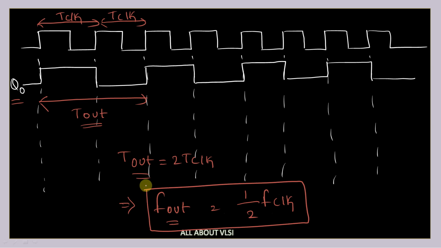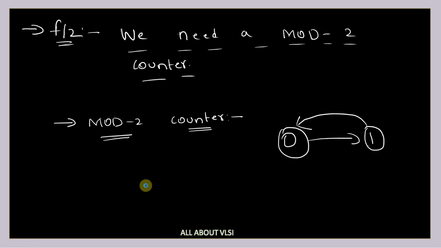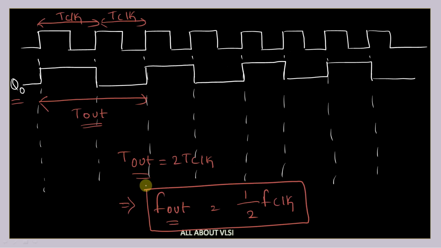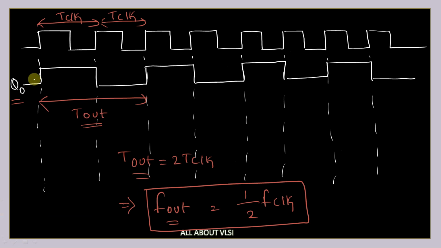So if you want to perform frequency division by 2, you can simply use a mod 2 counter. And if you want to perform a frequency division by 4, what mod counter can you use? You can use a mod 4 counter. And if you want to perform a frequency division by 8, you can use a mod 8 counter. I will write it down here.